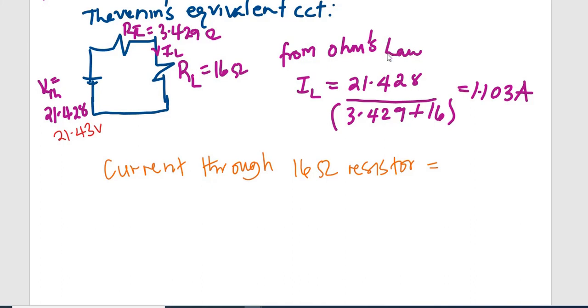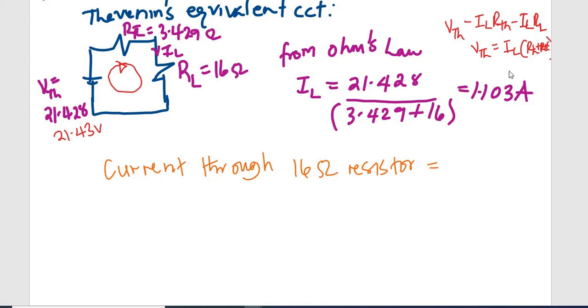So from Ohm's law, or even Kirchhoff's law, VTH minus I RTH minus I RL would give you 0. Actually, I can also say VTH minus IL RTH minus IL RL. This would mean VTH is equal to IL into RL plus RTH.